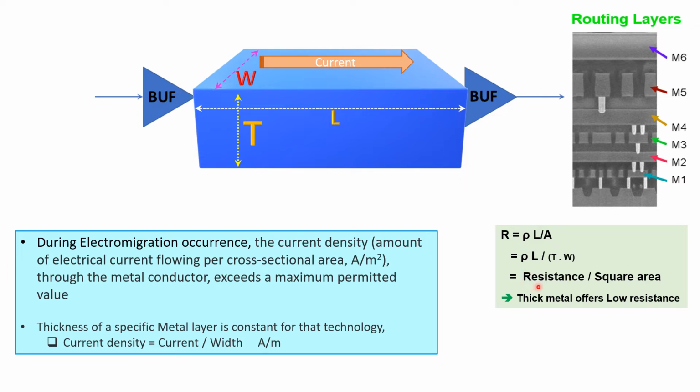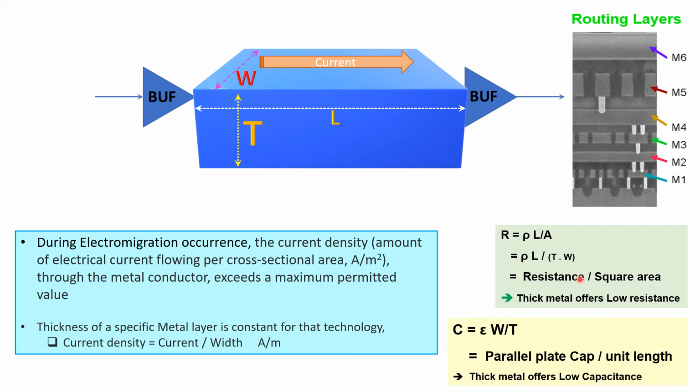So that is the resistance per square area. Since a thicker metal offers lower resistance, EM should be better for a higher thickness metallic layer.